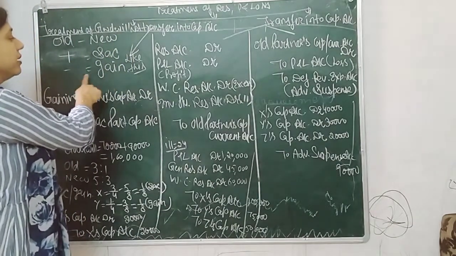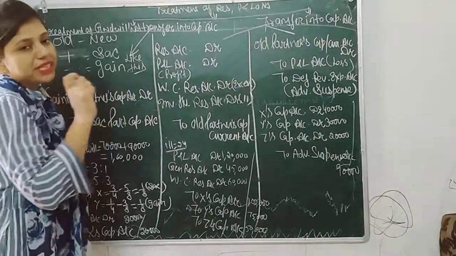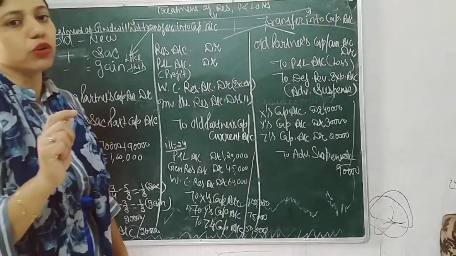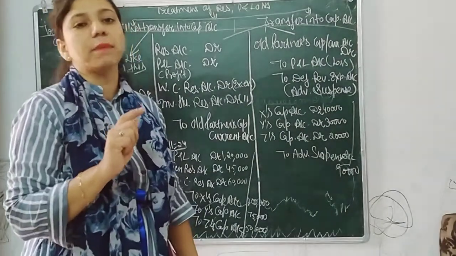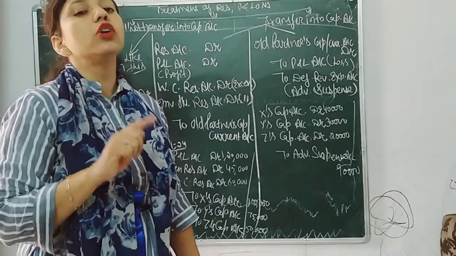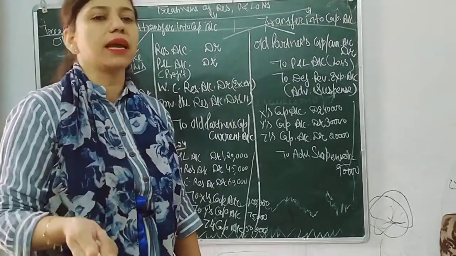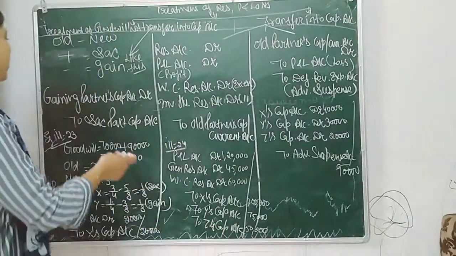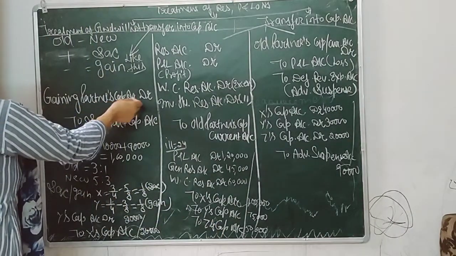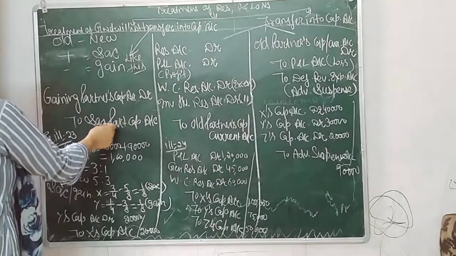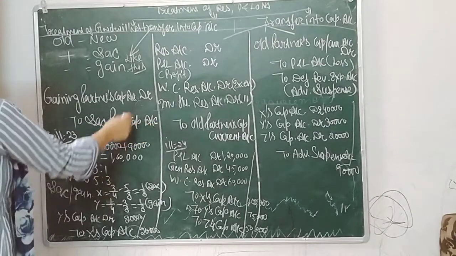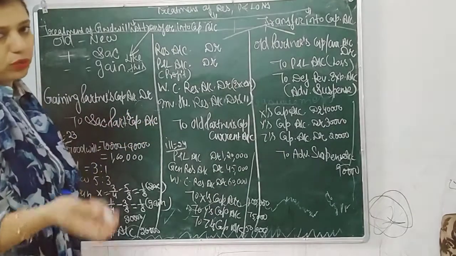If it is negative, then it will be gain. So we just have to make an entry for goodwill: gaining partner's capital account should be debited to sacrificing partner's capital account. Partners can be 2 or 3.